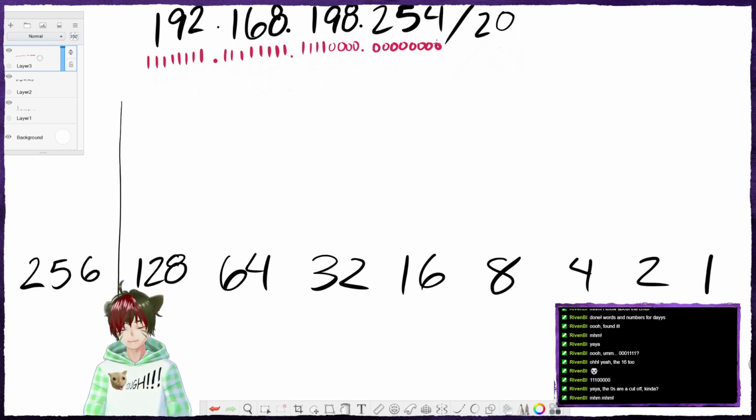So now, what happened to our network side versus our host side from where it was before? Our network IPs went down, our host IPs went up.